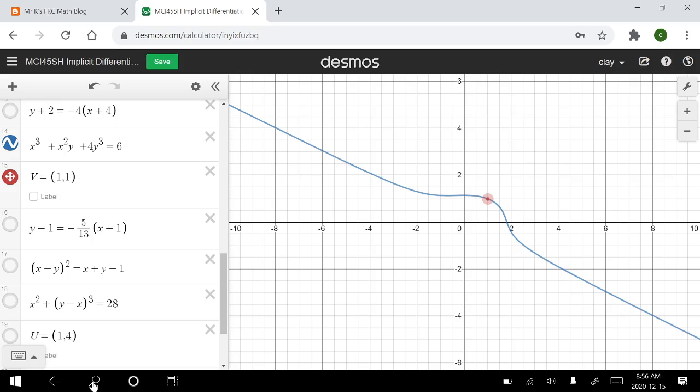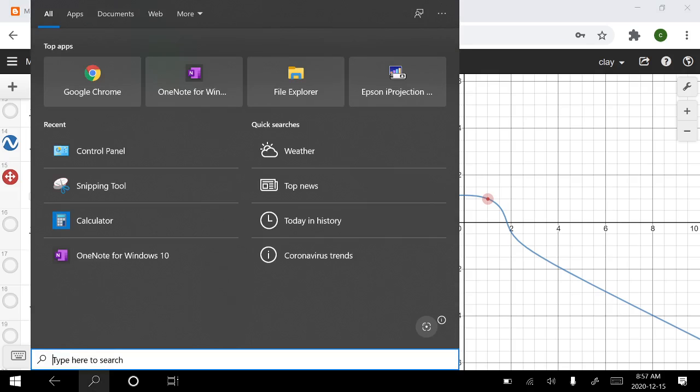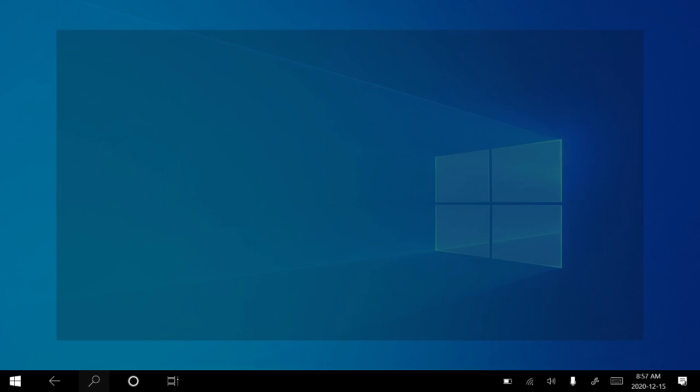Now, this is a little bit of luck on my part. There is, of course, the possibility that you get an equation of a curve where there are no quick, easy integer answers that fit the curve. But in this case, I know (1, 1) is a point, so I can actually find what the slope is at (1, 1). Let me go back to OneNote.